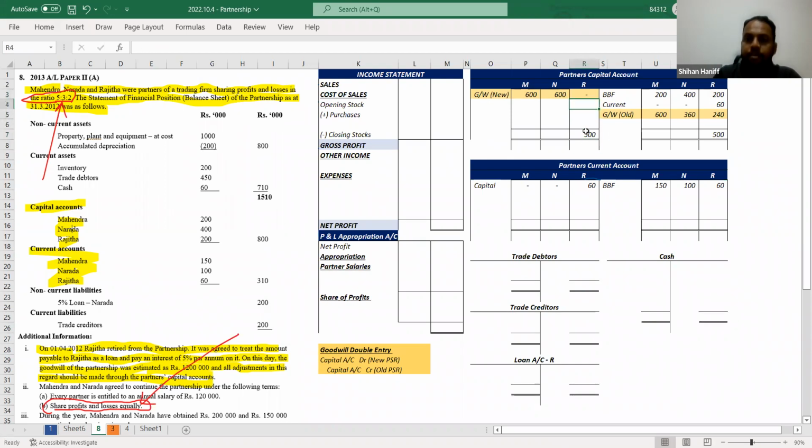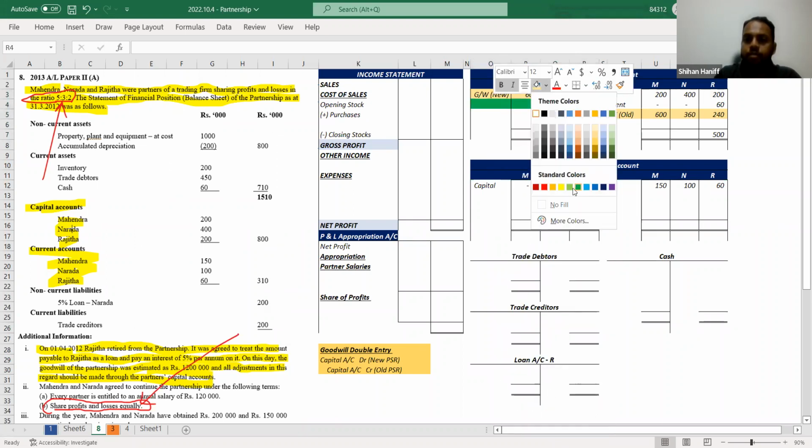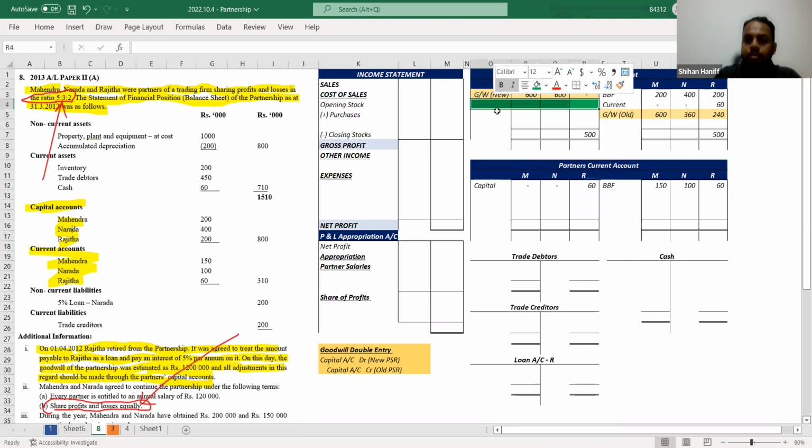So that entire 500 will be transferred to the loan account.